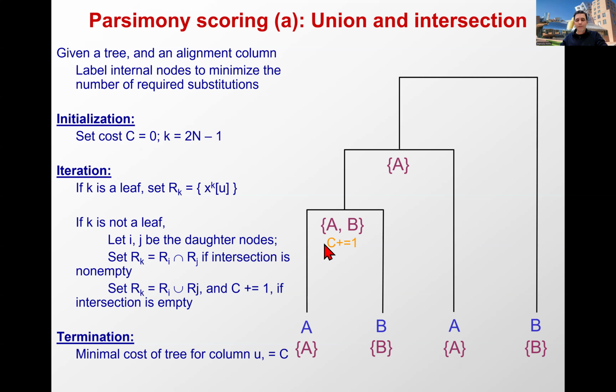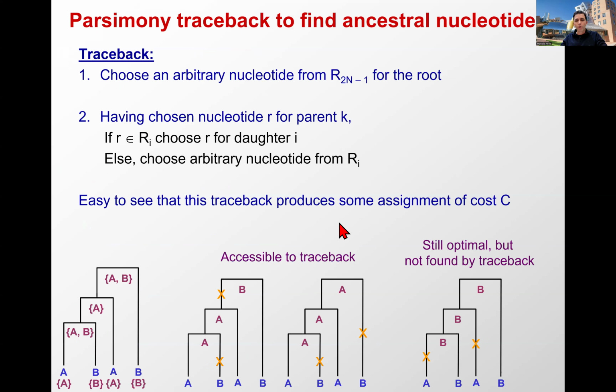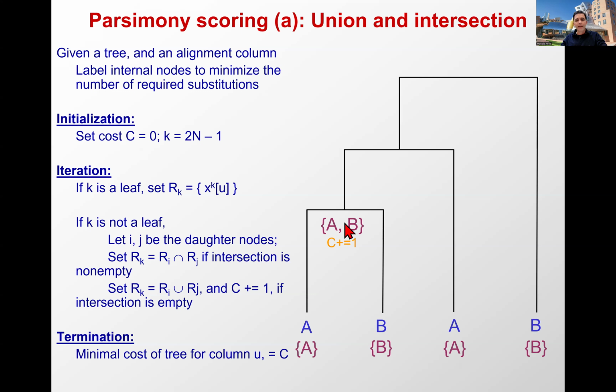Now, if I have an A or a B at that position here, and I have an A here, what should I put there? Probably A. Okay? So the next step is, if I have a non-empty intersection between the set of possible characters here and the set of possible characters here, then I'll just take that intersection.